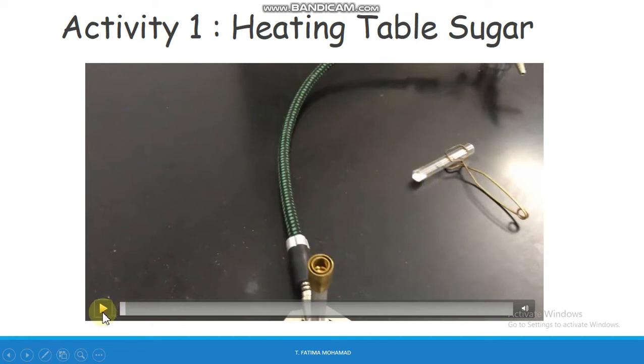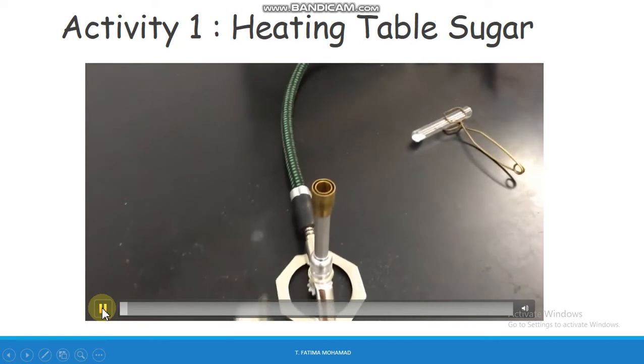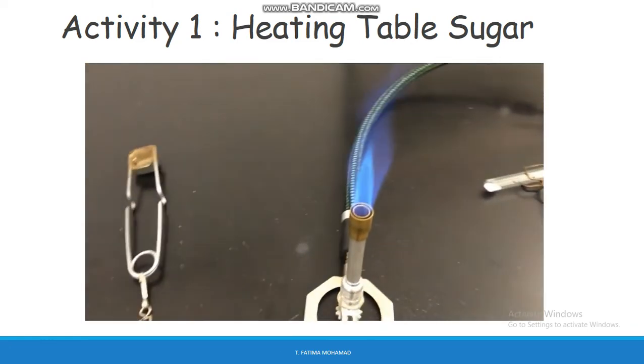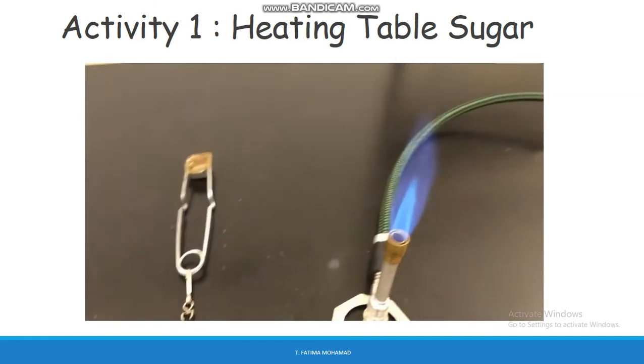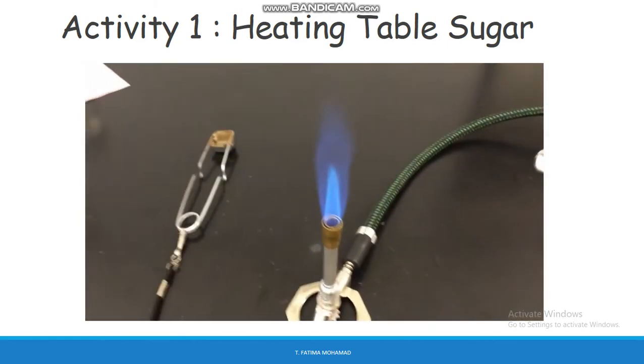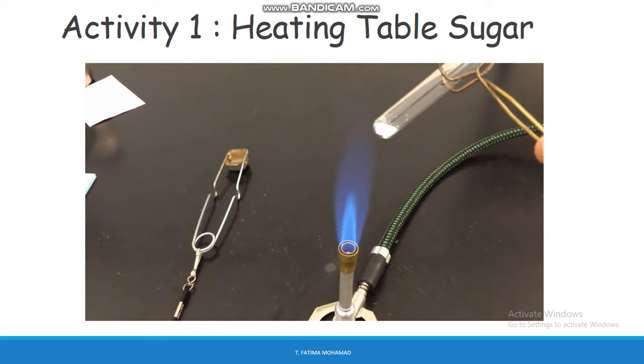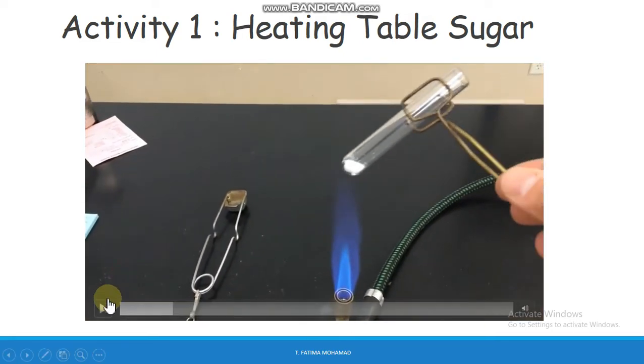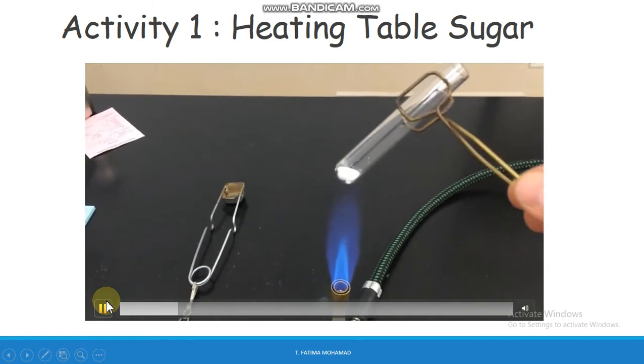So we will turn on the Bunsen burner, and we will start exposing the test tube to heat.